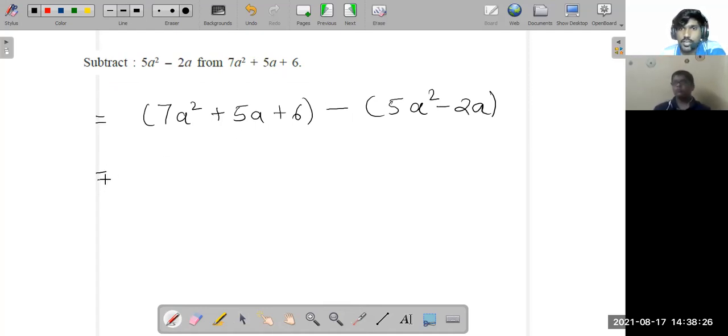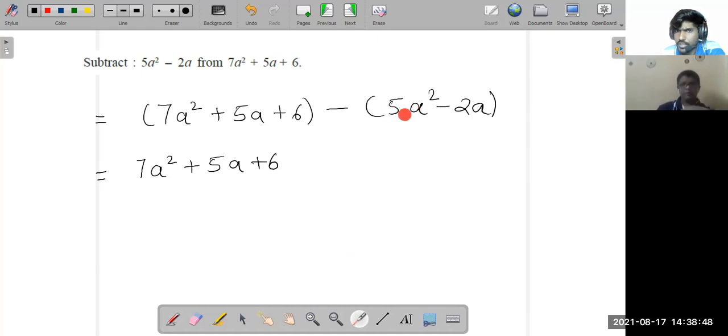Okay, now second step is opening the bracket. Open up the first bracket as it is, 7a square plus 5a plus 6. Now since there is a minus sign before the second bracket, when you open it, the signs of each term will change.